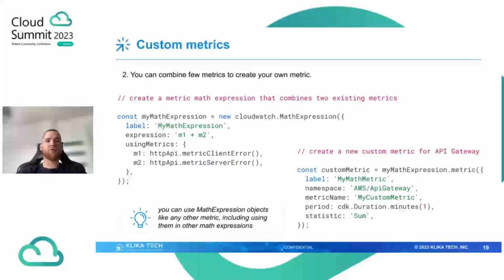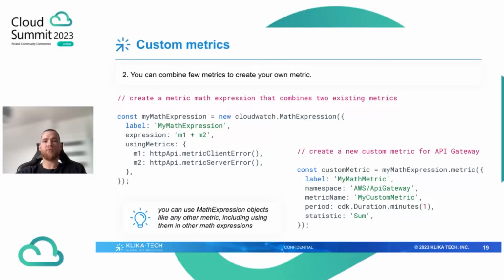The second way of creating a custom metric is to combine multiple metrics with math expression to create your own metric. Let's consider an example. The math expression is defined with an expression that adds the values of two metrics, M1 and M2.